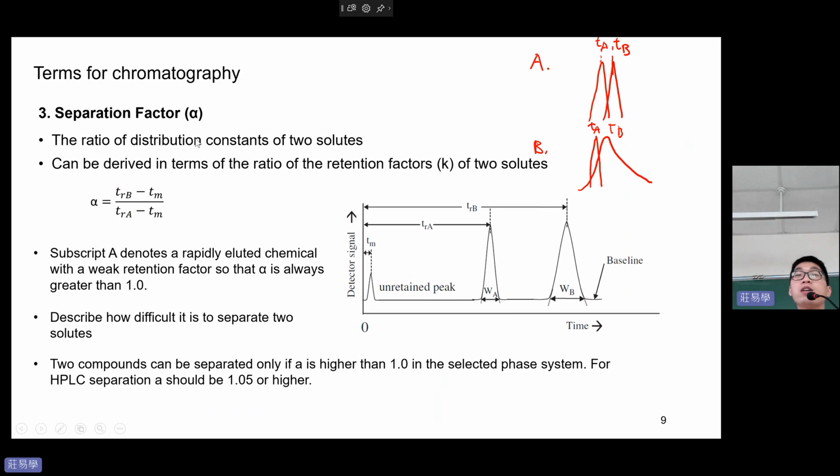So in these two cases, they have the same separation factor, right? Because the only thing we care about in the calculation of alpha is the retention time. But if you look at these two cases, which one has a higher ability to separate these two peaks? Well, we'll definitely say case A, because in case A the shape is narrower.